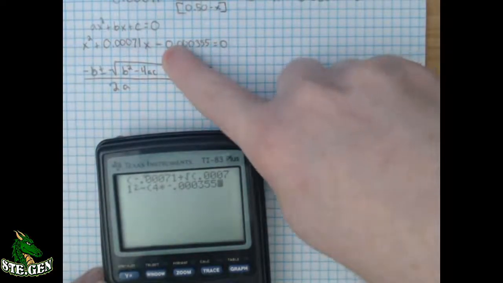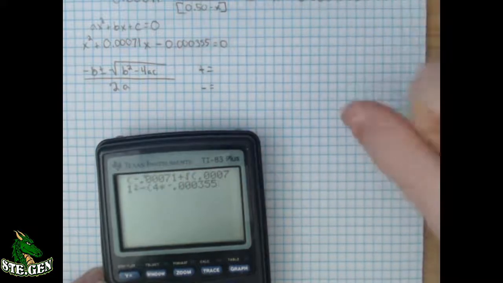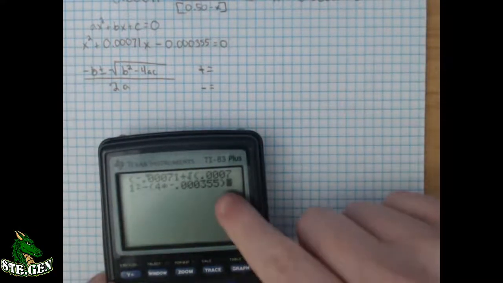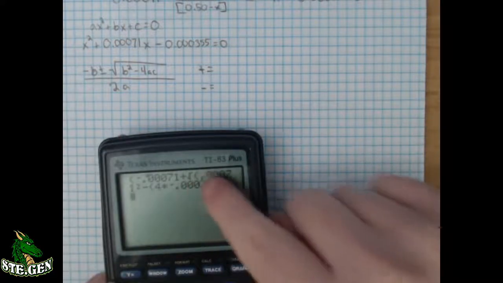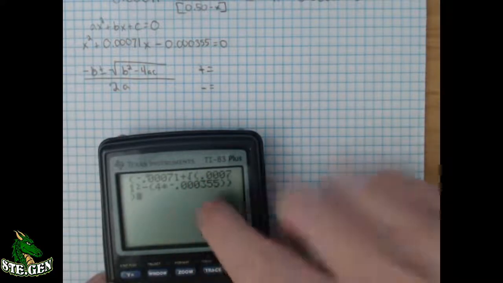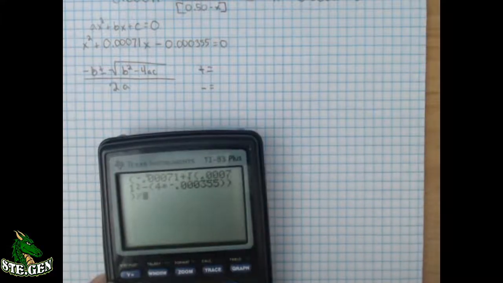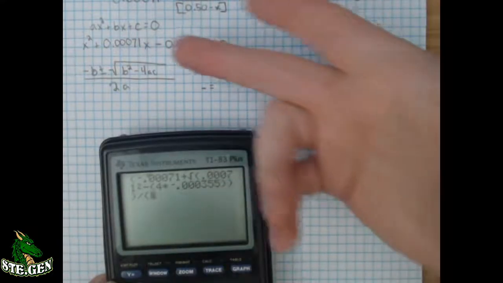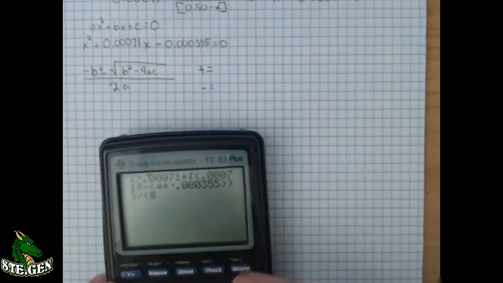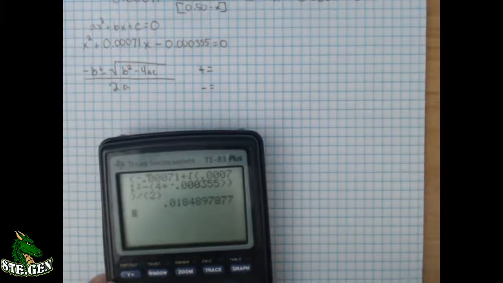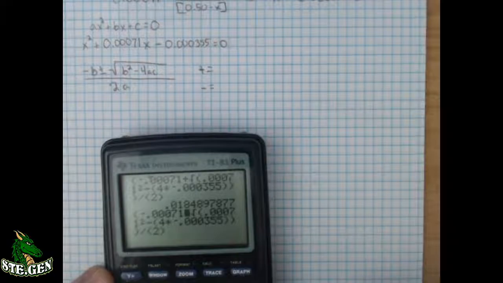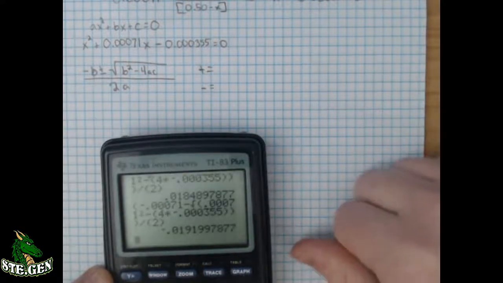The fact that this is a minus here means this is actually a negative value, so 0.000355. Close parenthesis for that piece, close parentheses for inside of that, close parentheses for the whole top piece, divided by, and then I'm going to do parentheses just to be super sure that it's only dividing by the bottom. Well, in this case, a is just 1, so divided by, I guess I didn't actually need parentheses, 2.